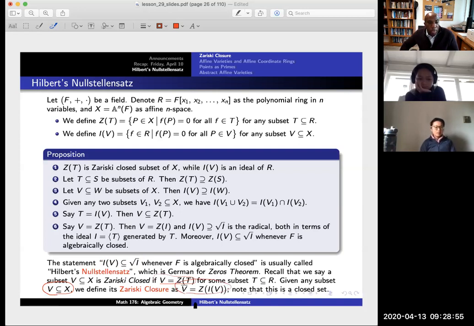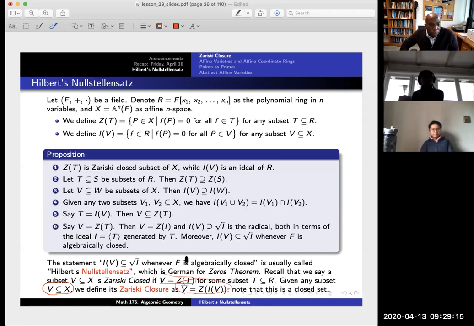Here you'll take the ideal of V, and then you'll take the zeros of that. So again, take the ideal of V, that we know is going to be a subset of R. Then take the zeros of that. This now is a closed set.